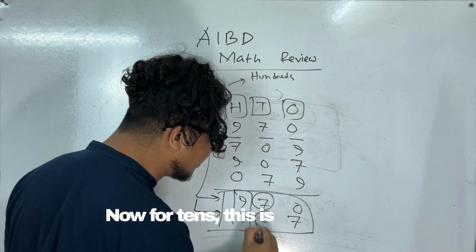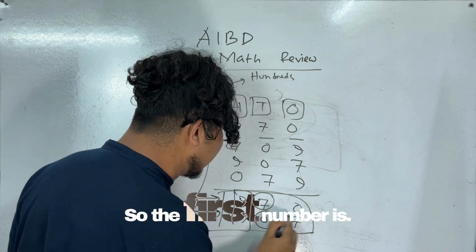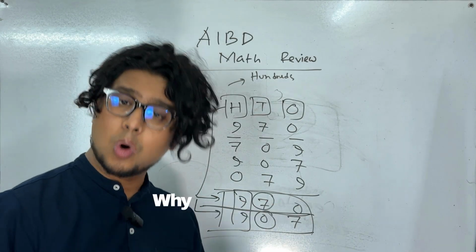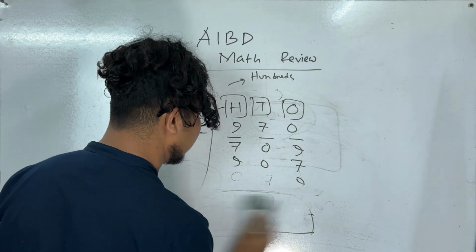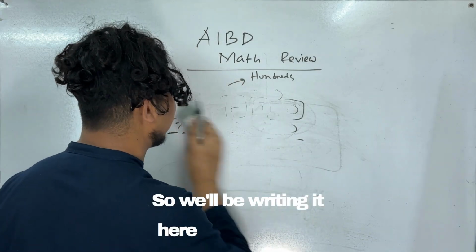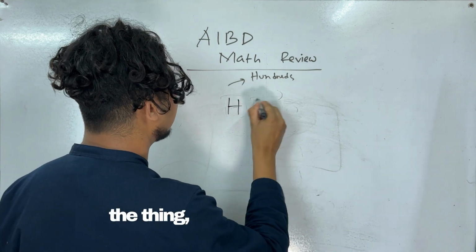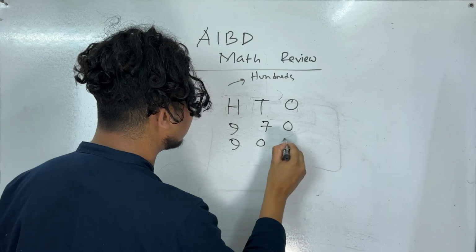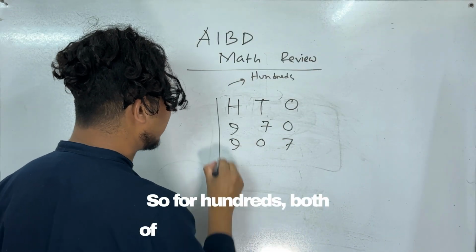For tens, this is 0. So the first number is larger than the second number. Why? We'll write it here again to make you more clear. 970, 907. For hundreds, both of them are 9.